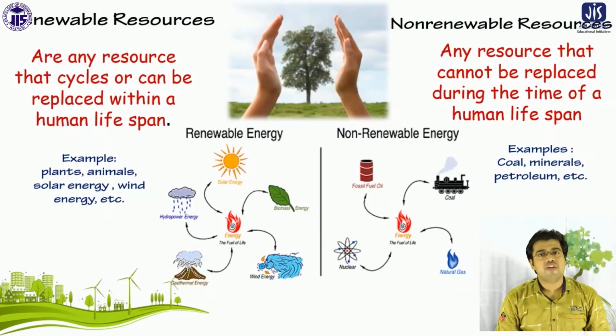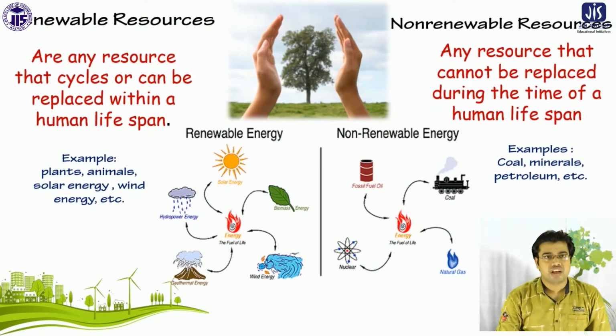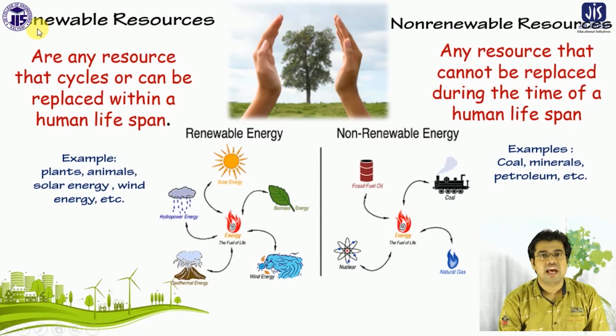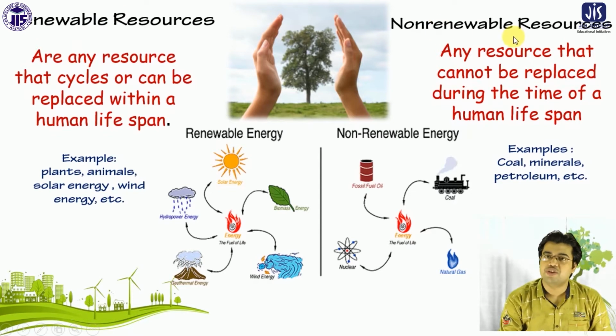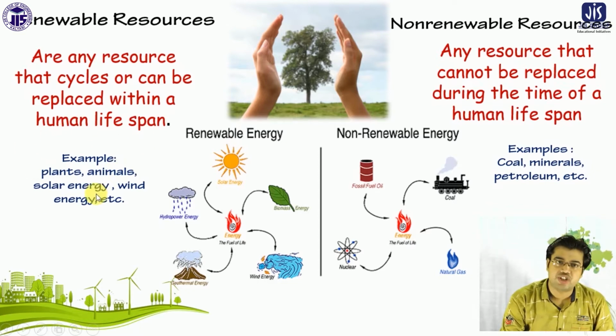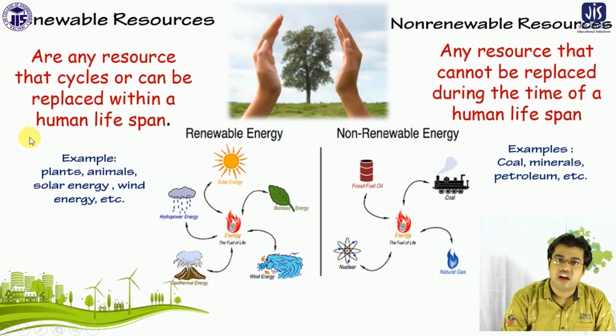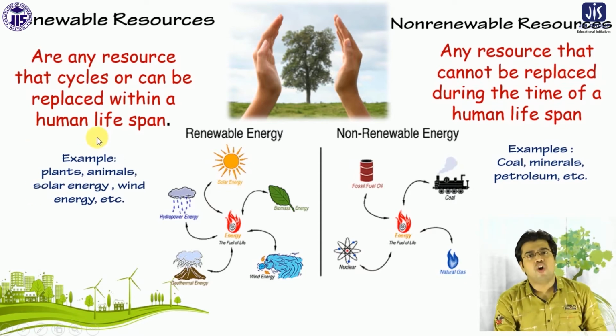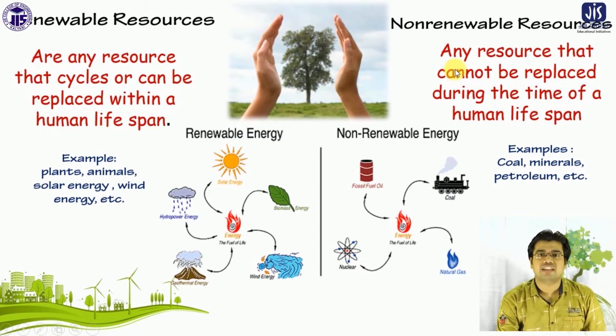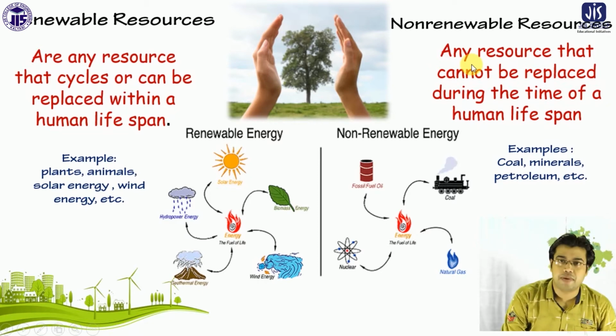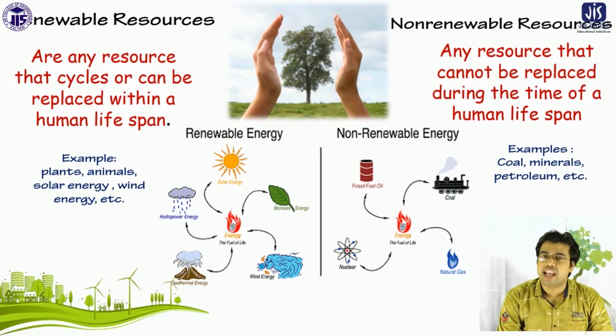Now, natural resources are mainly of two types: renewable resources and non-renewable resources. Renewable resources are plants, animals, solar energy and wind energy. Non-renewable resources cannot be replaced during the time of a human lifespan.